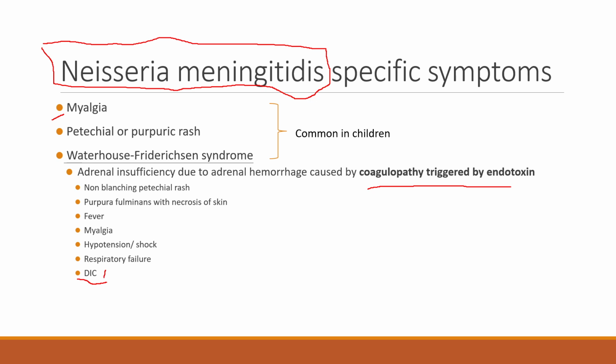So you can try to memorize by understanding the mechanism together. Of course, if the patient has this syndrome, they may also show DIC and other problems. But if you understand there's going to be adrenal insufficiency, you don't have to memorize this; you may already understand what's going to happen.